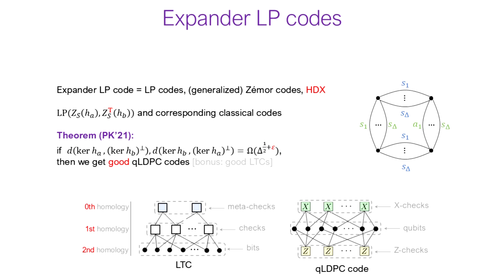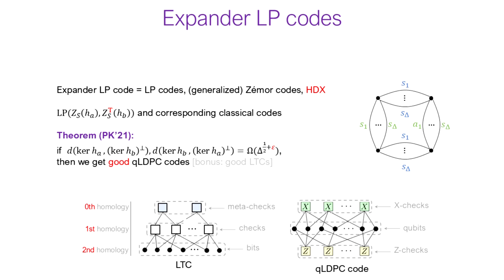We get good codes if we have a special condition that I will describe later, which is analogous to the condition of Sipser and Spielman. I also use the letter D, which is like a two-dimensional distance. In some sense, it is a natural two-dimensional generalization of the standard distance of linear codes.